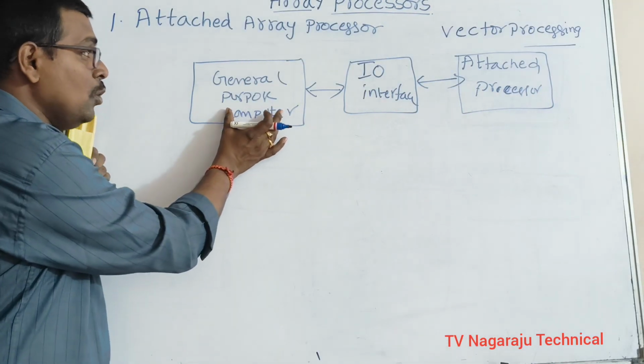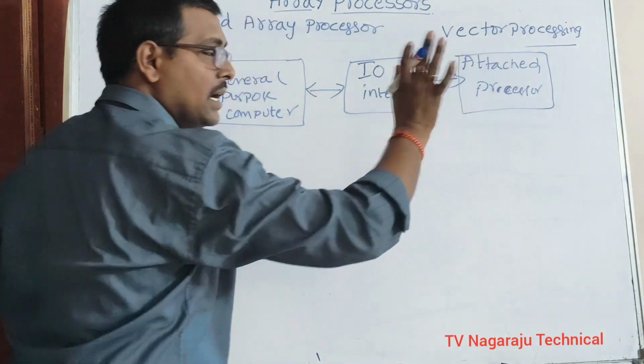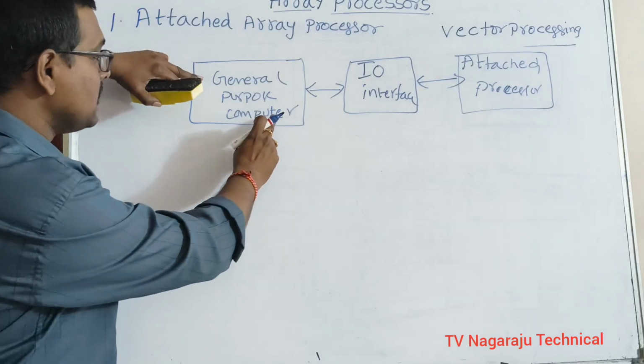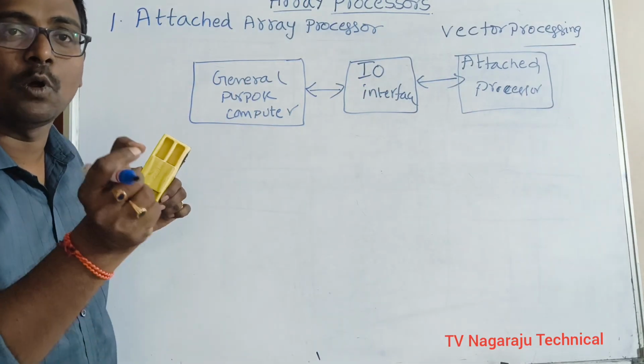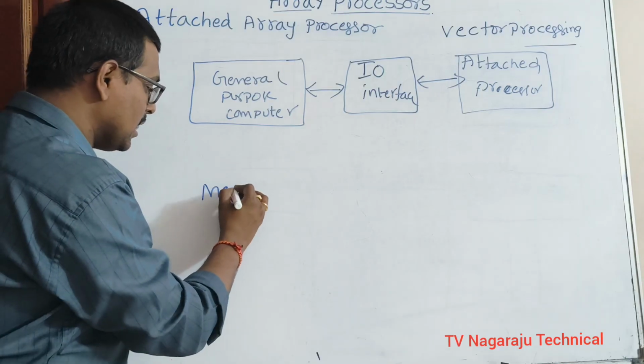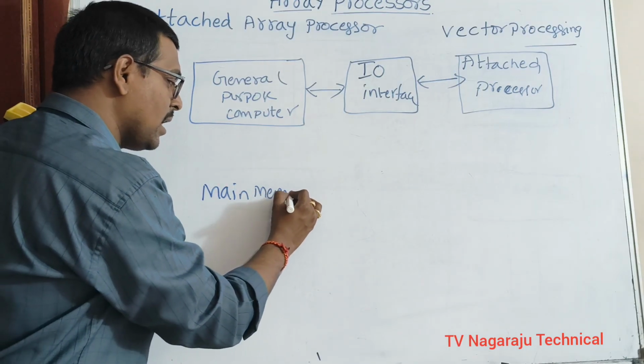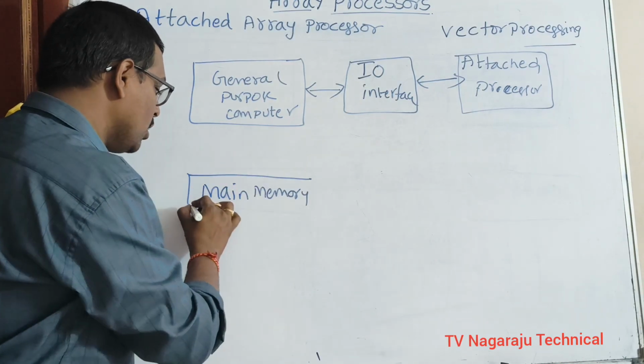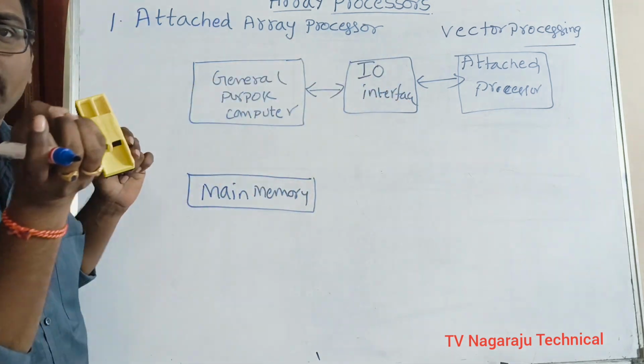Now if the computer is not connected with an attached processor, then it simply does scalar processing, that is simple conventional data processing. Suppose it is connected, how is the operation performed? To do the operation, it requires operands.